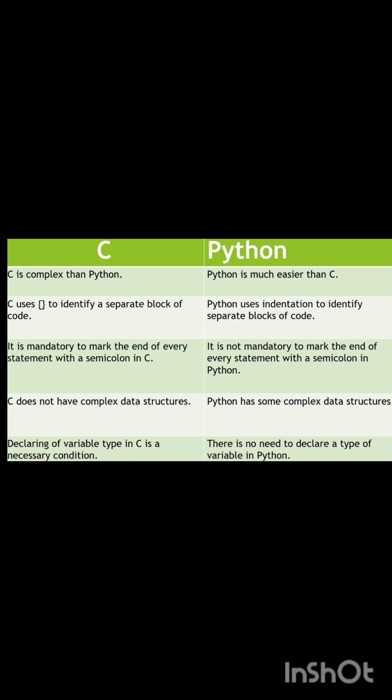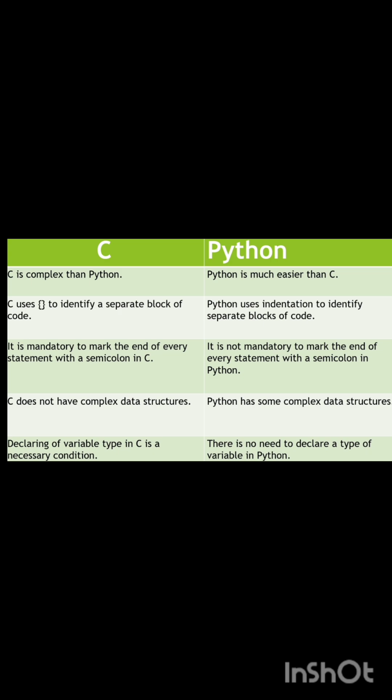In C it is mandatory to mark the end of every statement with a semicolon, but compared to C, in Python it is not mandatory to mark the end of every statement with a semicolon.